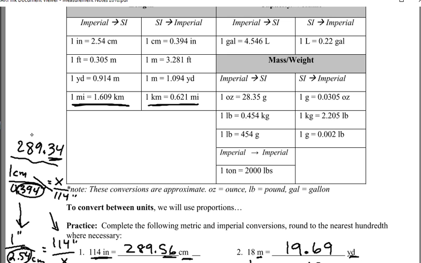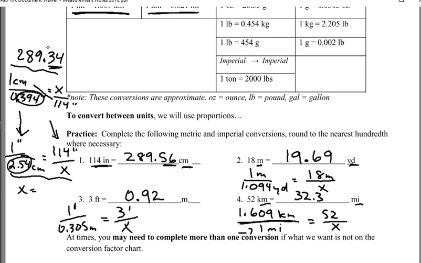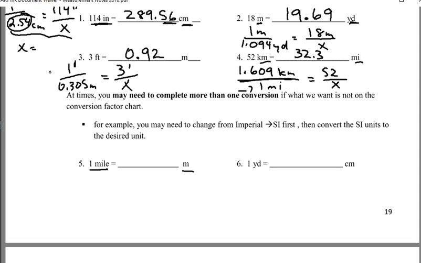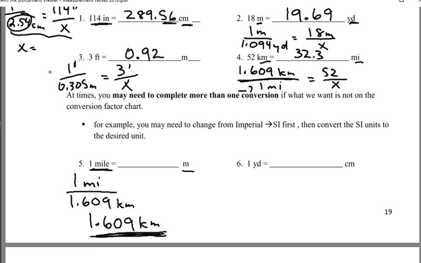So I'm going to do 1 mile is 1.609 kilometers. There's more than one way to do this. Well, what do we know? Well, we know we have 1 mile. So right away, I don't even have to do a cross multiply because I know I have 1.609 kilometers. But that's not what the question asks for. The question asks for meters.